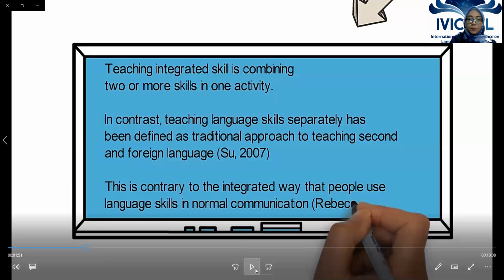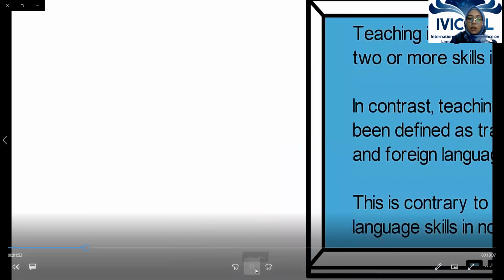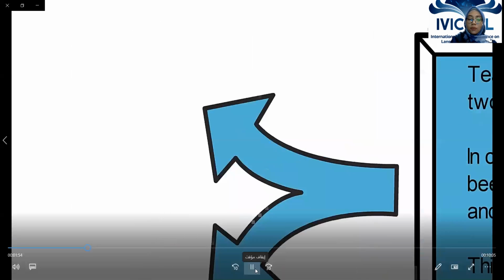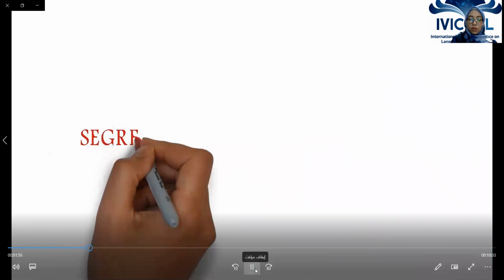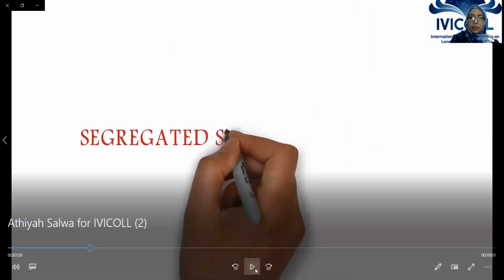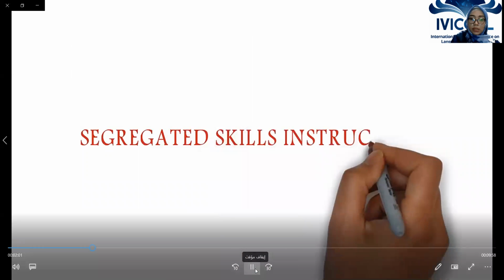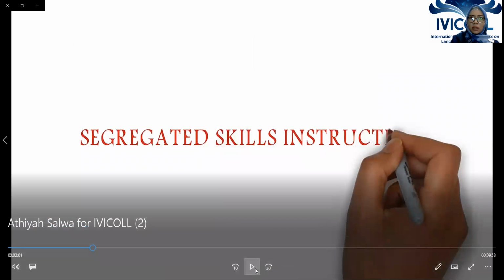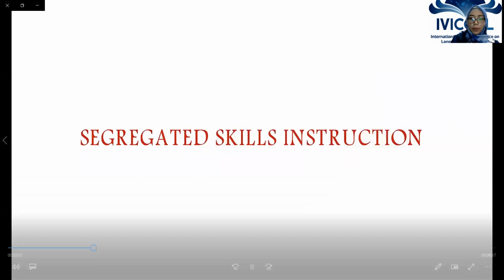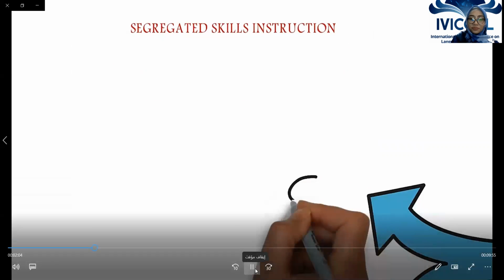In this part, I would like to introduce two kinds of teaching approach. This one is segregated skills, in contrast to integrated skills. So what is the segregated skill approach? You can see the definition here.